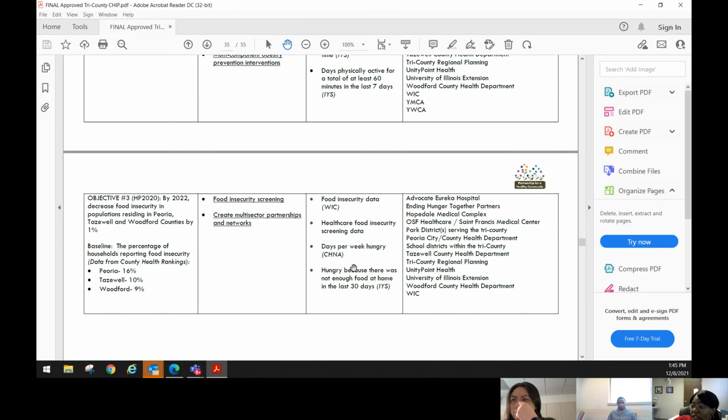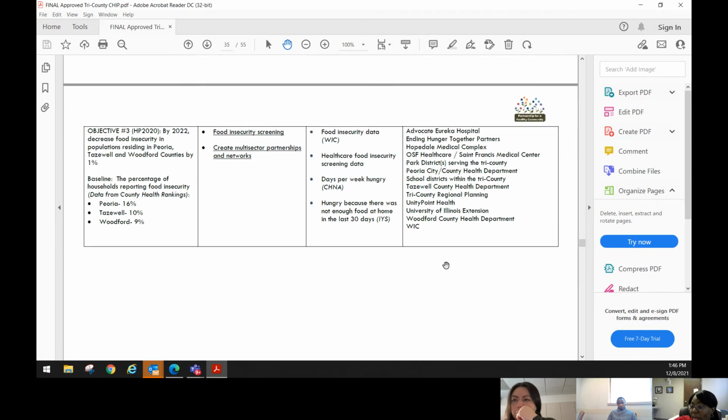So all of this is a discovery that this group is working on. They've created a food insecurity screening tool. They've been going out to the food pantries and the food banks and churches, and they're collecting data so we can get a better baseline, a deeper dive on the levels of our food insecurity, okay?